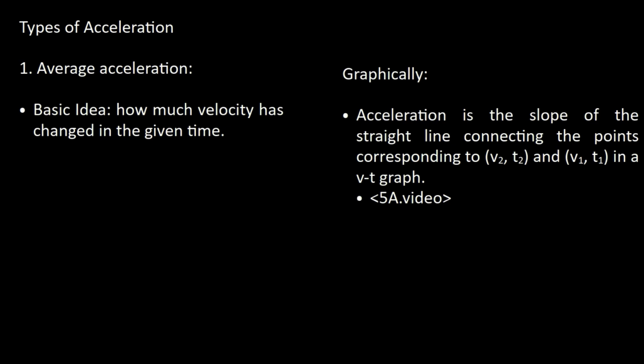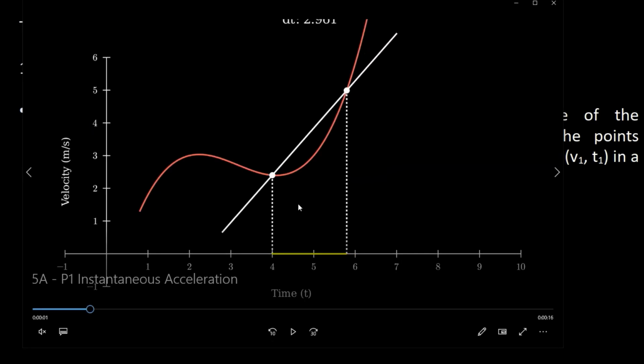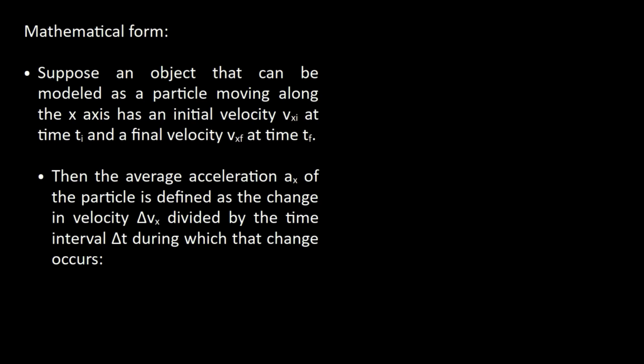Right? So I do have a video apparently. So this is a velocity time graph, and this will give us the average acceleration between these 2 points. Now, the mathematical form of this would be what?